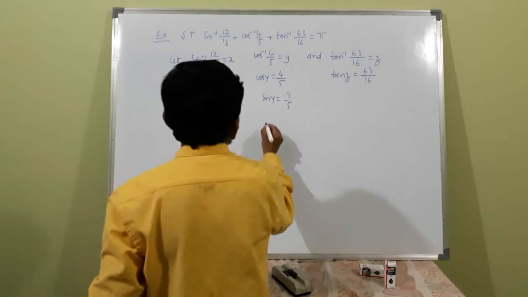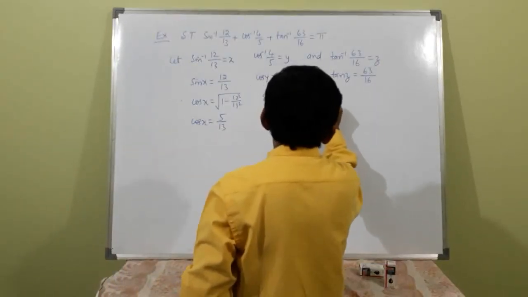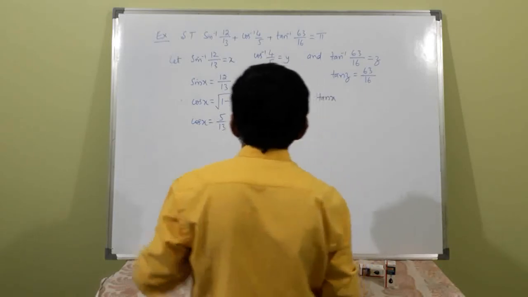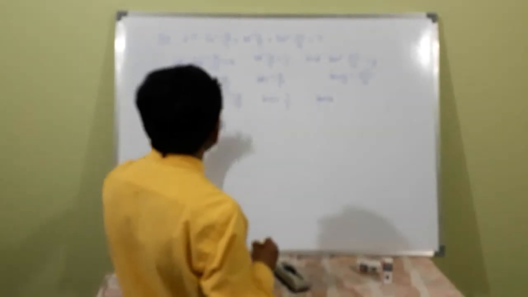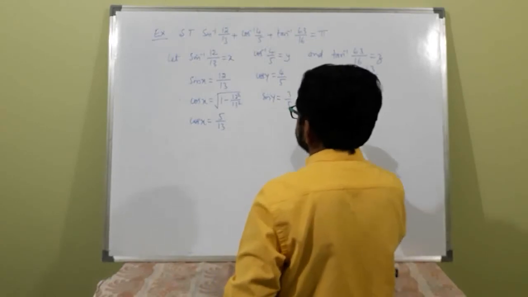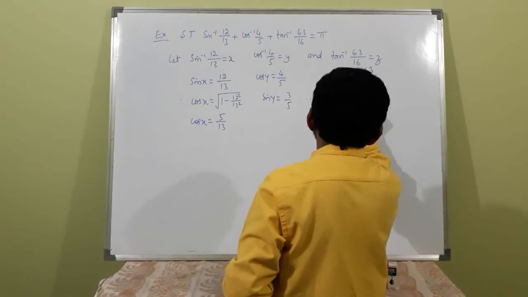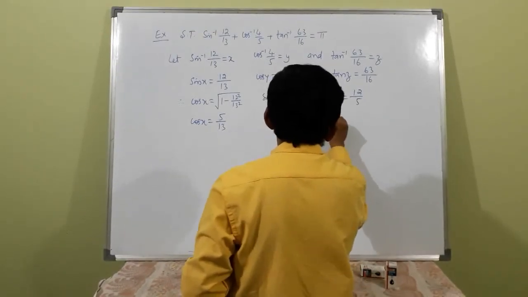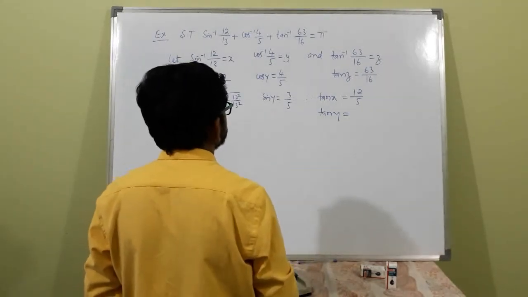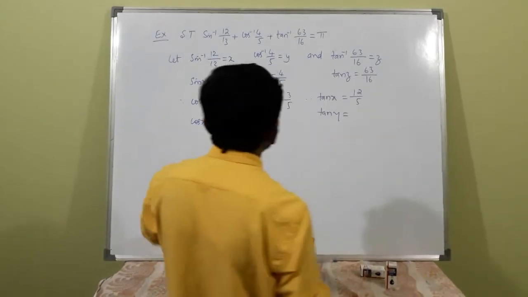And these two imply tan x is equal to sin x by cos x, that is 12 by 5, and tan y is 3 by 4, isn't it?